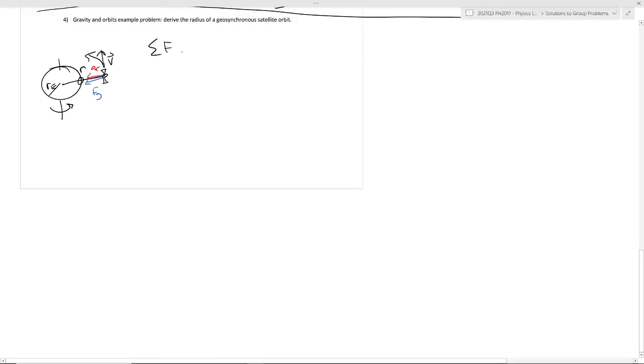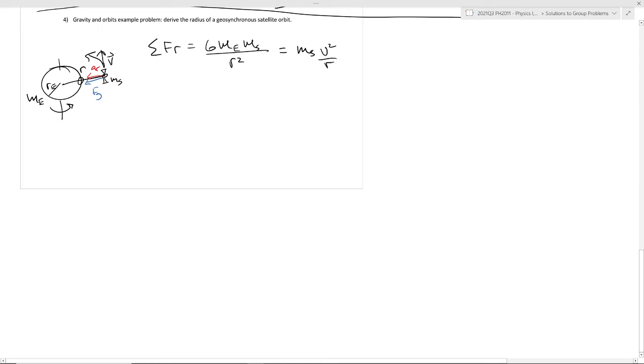Again, if you sum the forces in r, that's going to be G M m, the mass of the Earth, the mass of the satellite, over the radius squared. That's the radius that we're looking for. This is going to be equal to the mass of the satellite times the centripetal acceleration, which we know we can write as v squared over r.